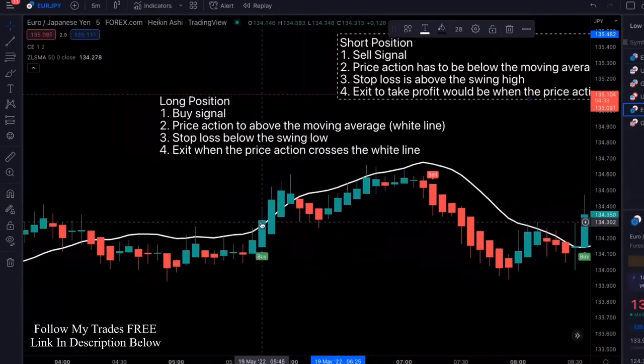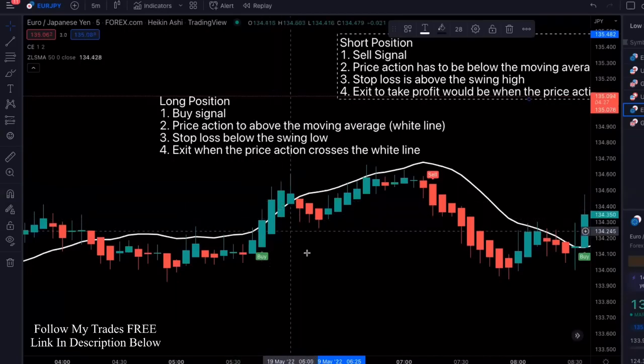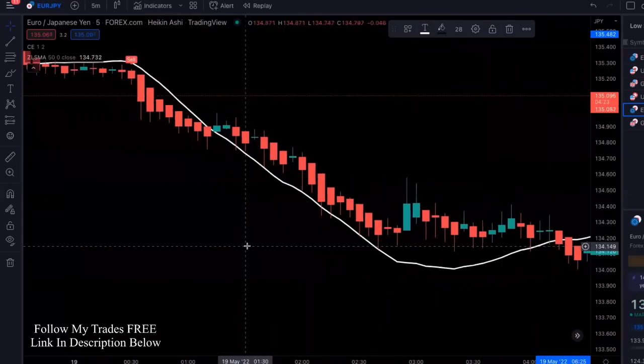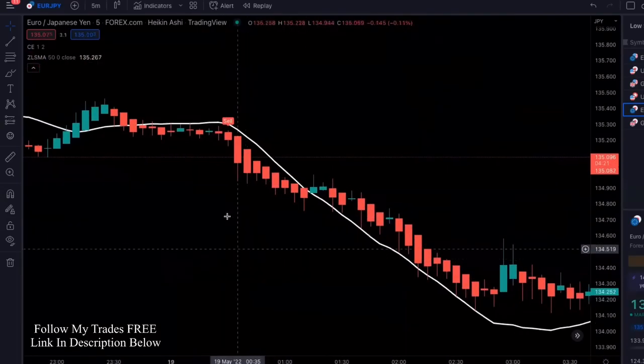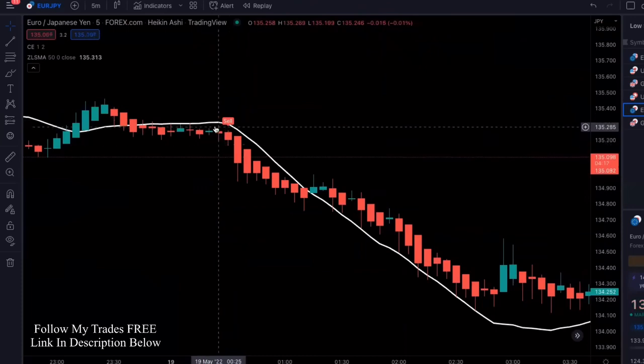This one is a little bit iffy because the price action is not completely above the white line. It still would have made a little bit of a profit, but it wouldn't have been an ideal situation for a trade. And then again, lots of consolidation. Here's another good sell signal, where price action is below the white line.